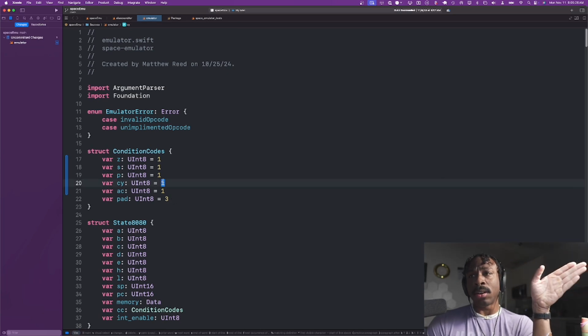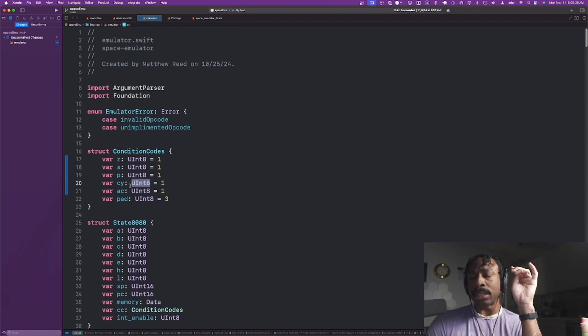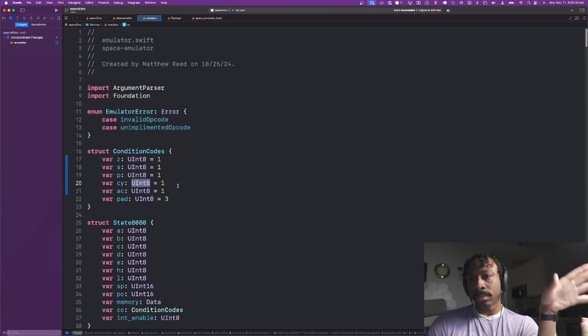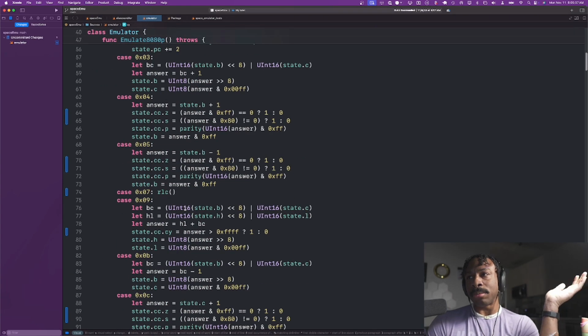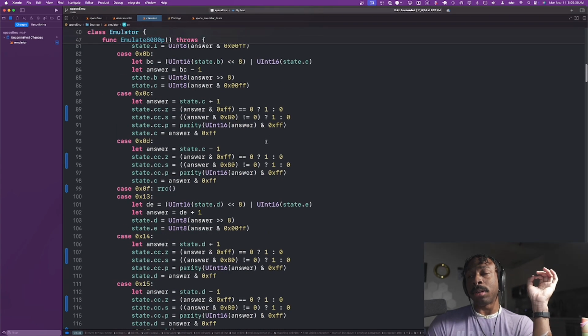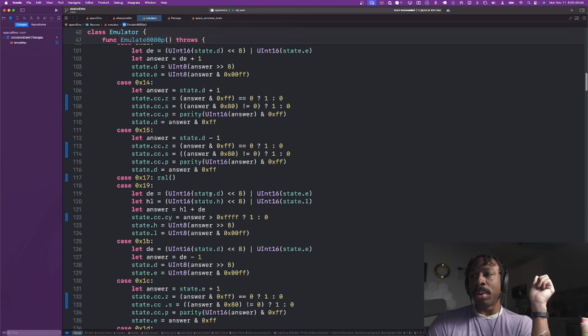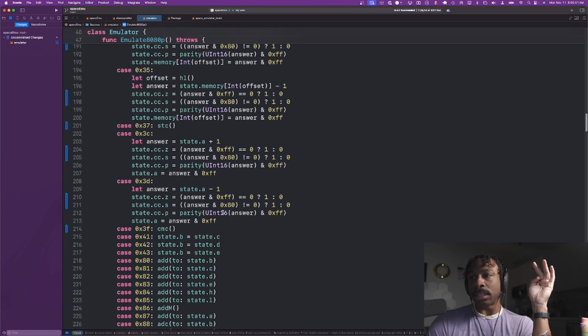So I changed them back to bytes, or 8-bit integers, and if it's true, set them to 1. If it's false, set them to 0. So I had to go through and refactor a lot of stuff where I was just setting booleans. But not super important.